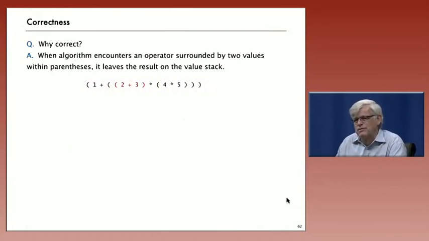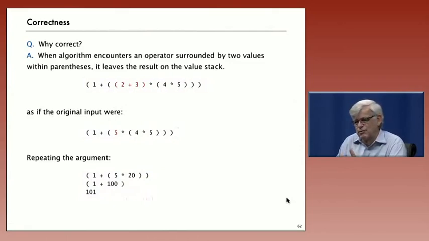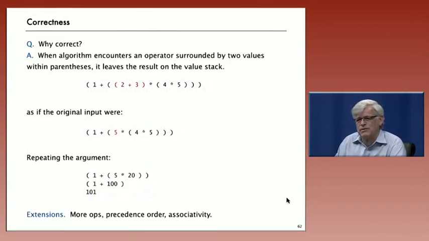And then when it hits that right parenthesis, it's going to perform the operation, and it's going to proceed exactly as if the original input were that with the value replaced. So going from the inside out, for every operation enclosed within parentheses like that, you just repeat the argument. It's exactly as if the original expression were 1 plus 5 times 20, and then again replacing that, 1 plus 100, 101. That's why Dijkstra's algorithm works. It's actually fairly easy to understand why it works.